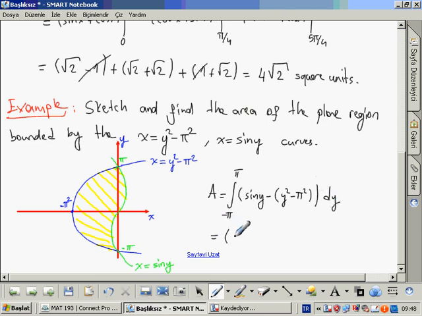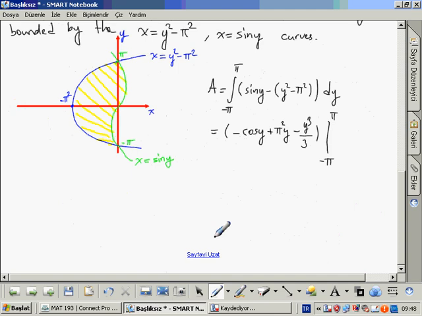It is minus cosine y plus pi squared y minus y cubed over 3, evaluated from minus pi to plus pi, and when you calculate it, you will find 4 pi cubed over 3 square units.